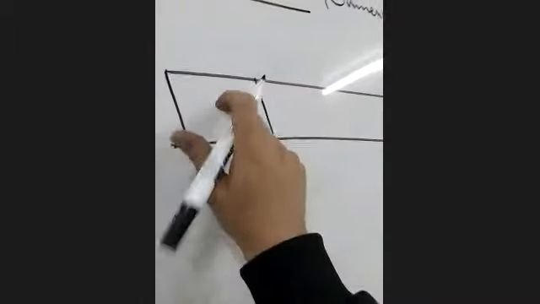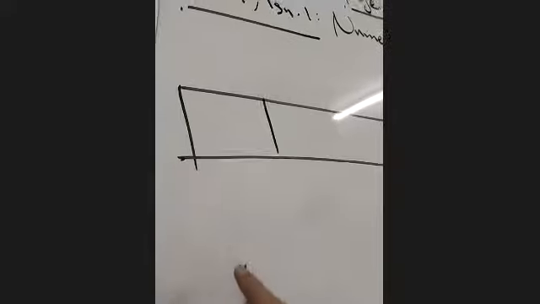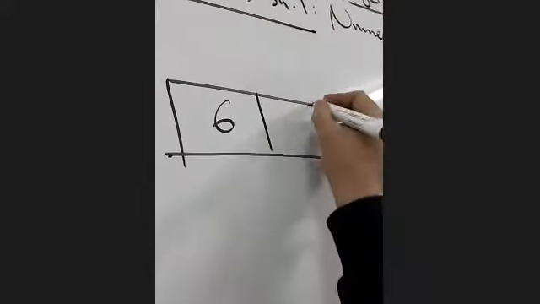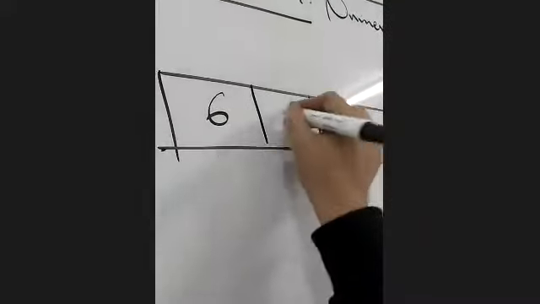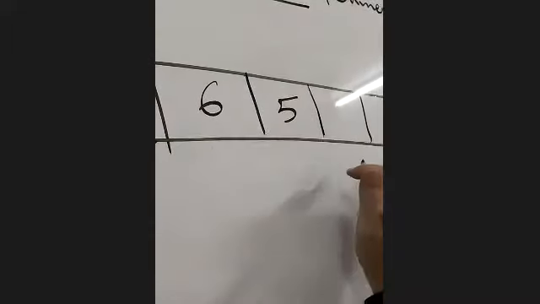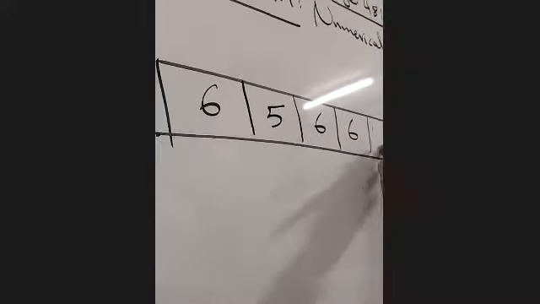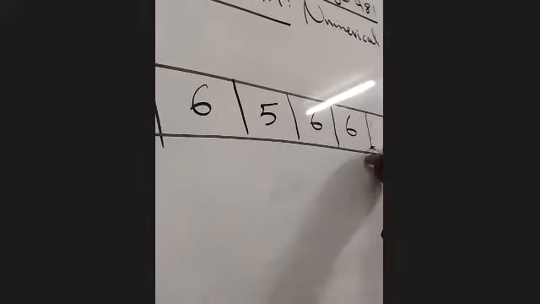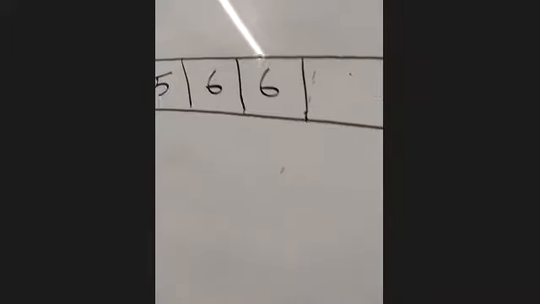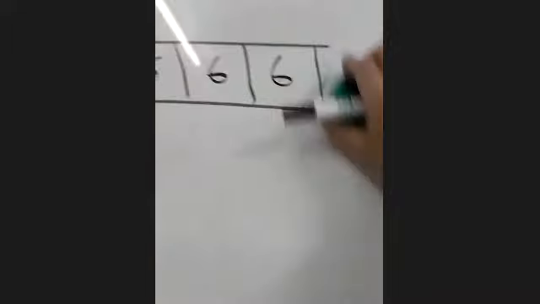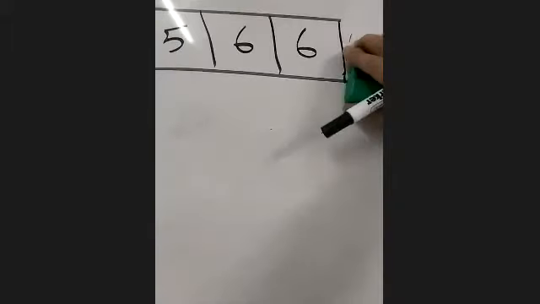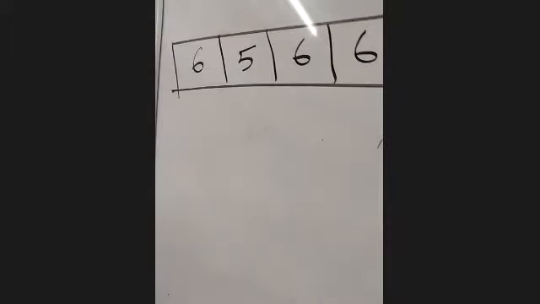What's the first number? 6. The second number? 5. Then 6, 6. So we have four groups, and 3 of them are 6, and one of them is 5.